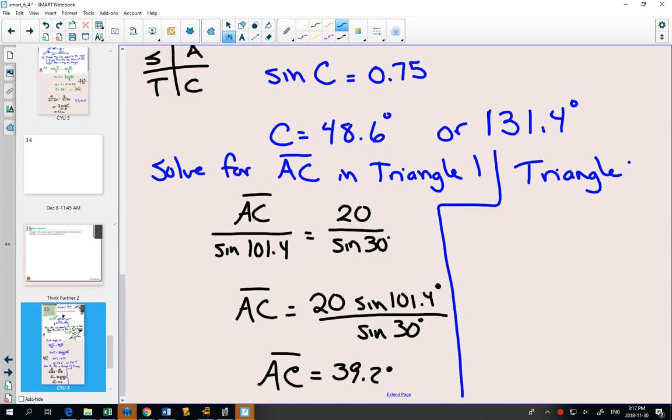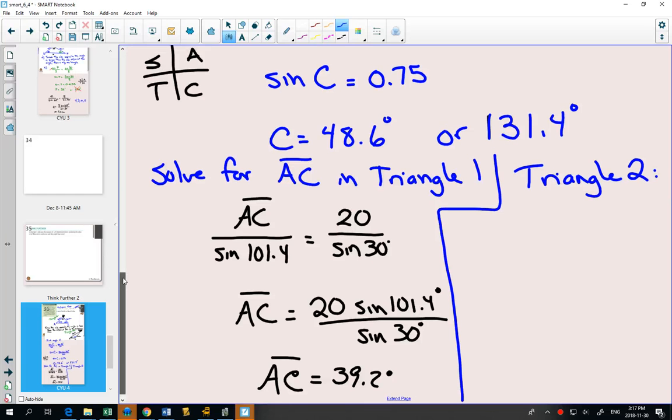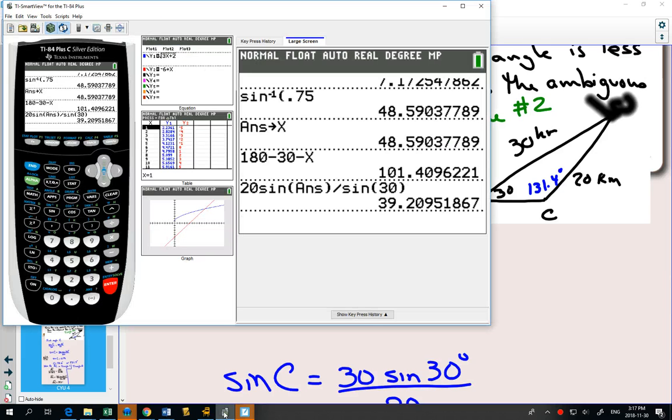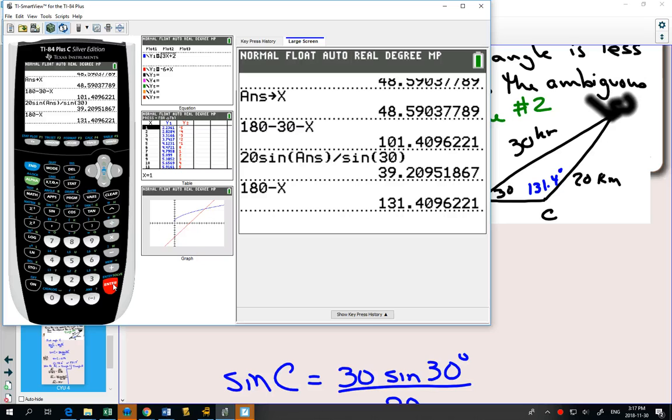4 marks. Triangle 2. So now we go back up to triangle 2. I need this 131.4 degrees. How did we figure out that 131.4 degrees? There it is.